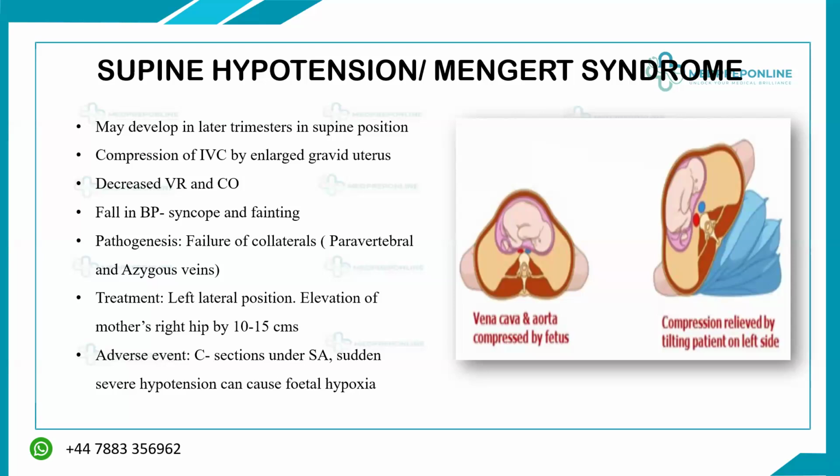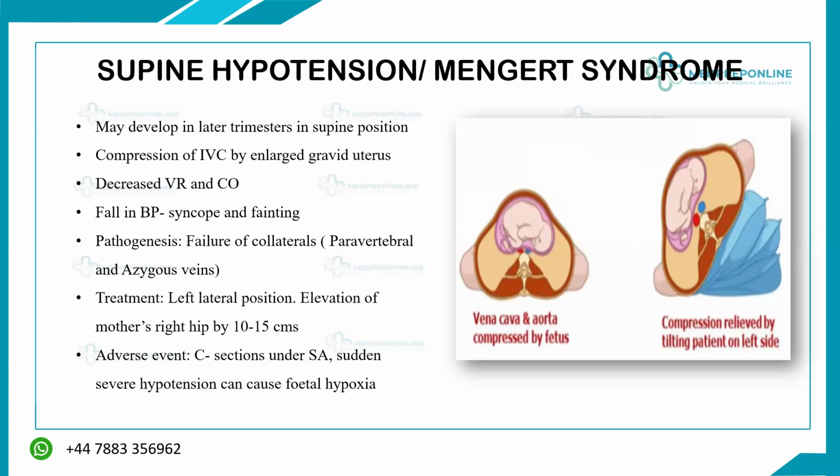So this curtails the blood flow back to the heart, which in turn reduces the cardiac output. Because of the decreased cardiac output as well as a fall in blood pressure, the patient may complain of fainting or giddiness or syncope, right? So this is mostly seen in later trimesters. Almost 10% of women encounter this condition in later trimesters in the supine position.